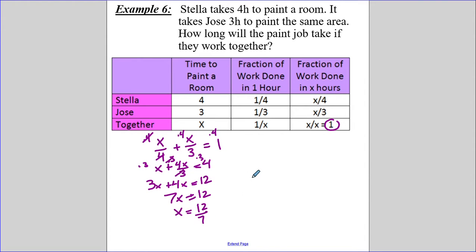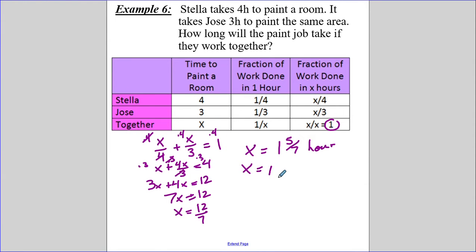So how long does it take them to paint the room? It takes them a full hour, and then there's 5/7 left over. So 1 5/7 of an hour. Or, if I wanted to put it as a decimal, I could say that x is equal to, let's punch this in, 5 divided by 7 gives us 0.714.